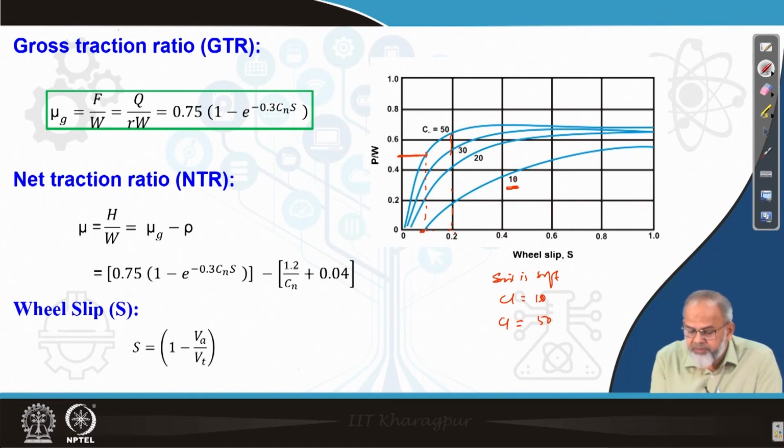If you look at this point, there is a difference of nearly 0.45, 0.5. Now, at 20% slip, again the same difference of 0.45. So, we conclude from here that P by W, or the coefficient of traction, is more in hard soil.